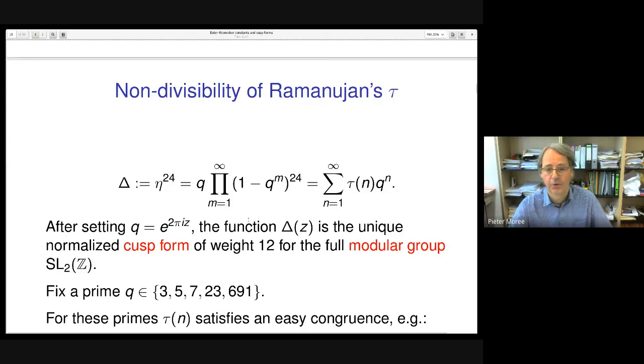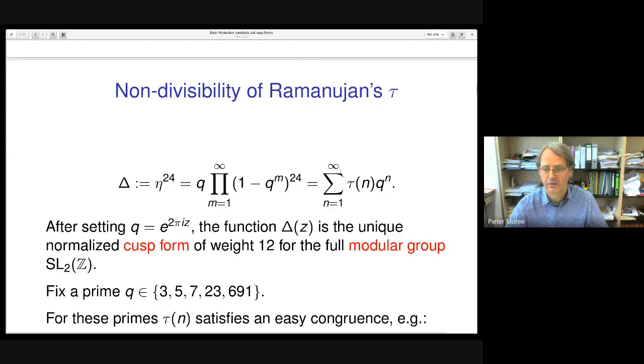And so for our purposes, in some sense, it's enough to define it in this way, which doesn't make clear why it would be such an interesting function, but it's enough.